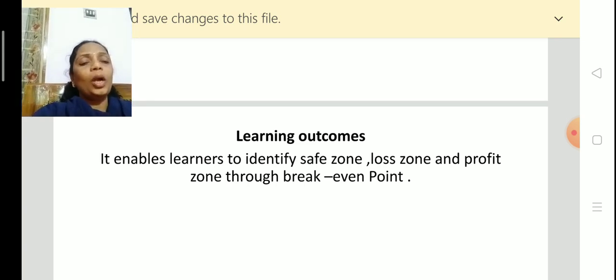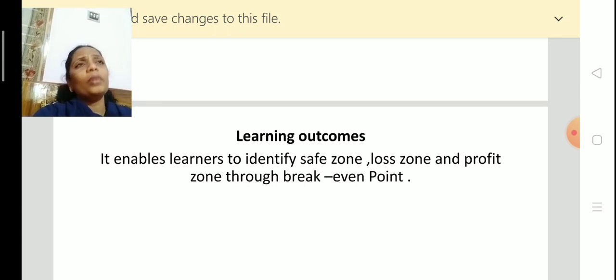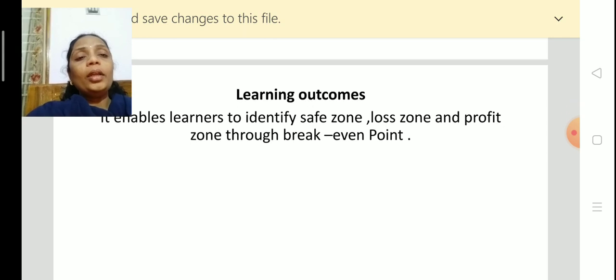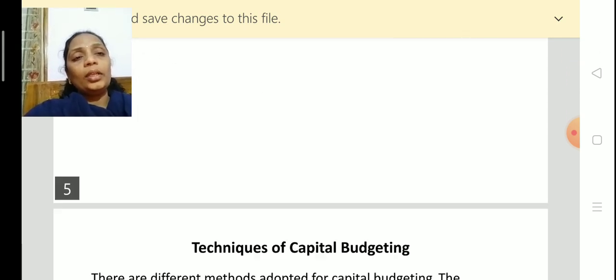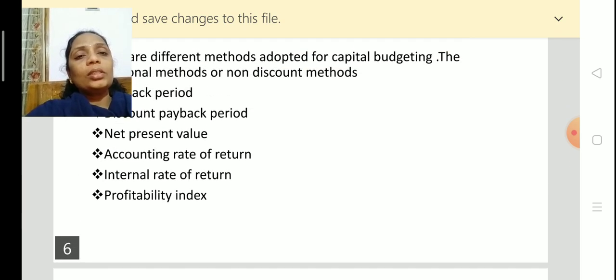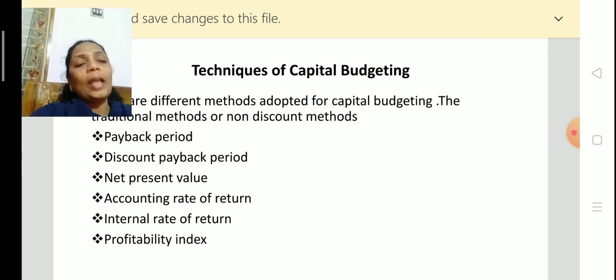We also learnt the concept of capital budgeting, how an entrepreneur prepares the capital budgeting, and how they can increase their profitability. These are the concepts we discussed in the last session.